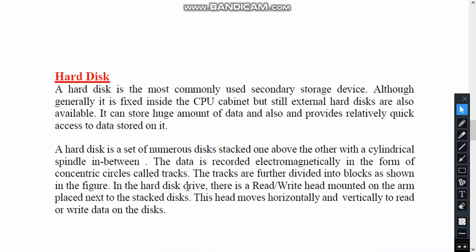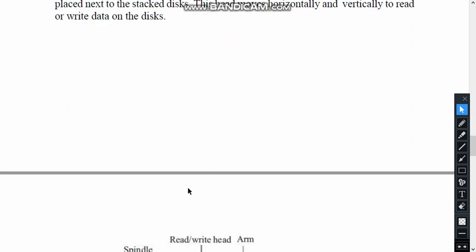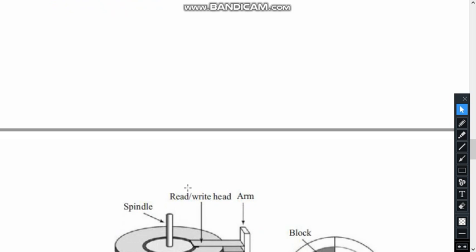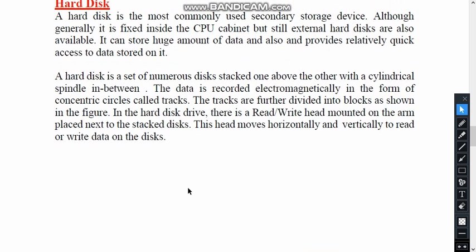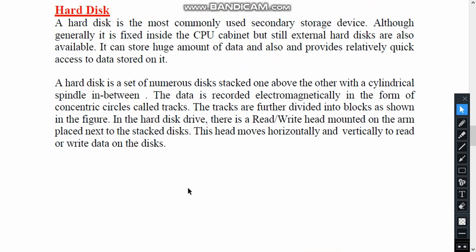Let's see how a hard disk looks like and what are the features of the hard disk. A hard disk is a set of numerous disks which are stacked one above the other with a cylindrical spindle in between.